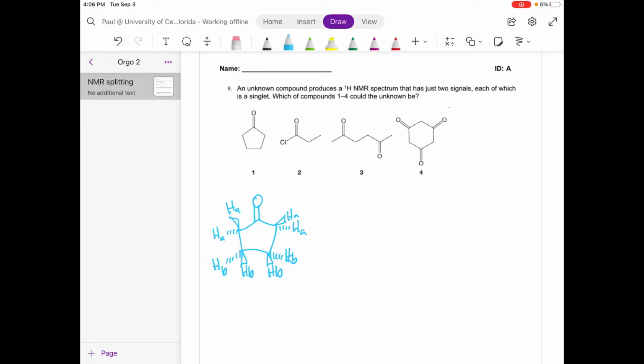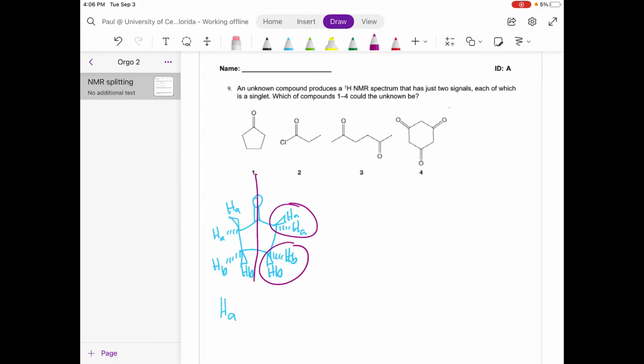So HA is going to be split by HB. But because this molecule right here has some symmetry, we only have to worry about the one half. So all we have to do is worry about those protons there. They get split by what?